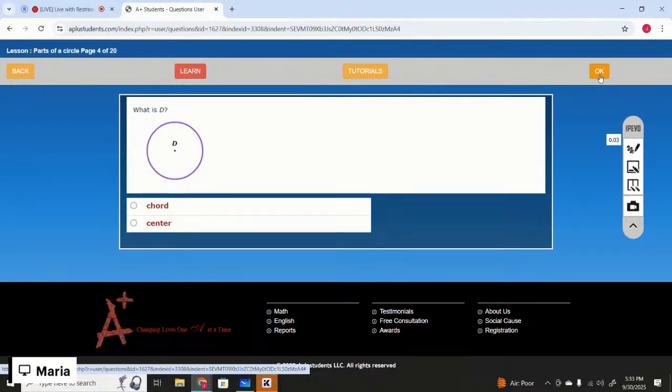What is D? So D is the center of the circle. The correct option is center.